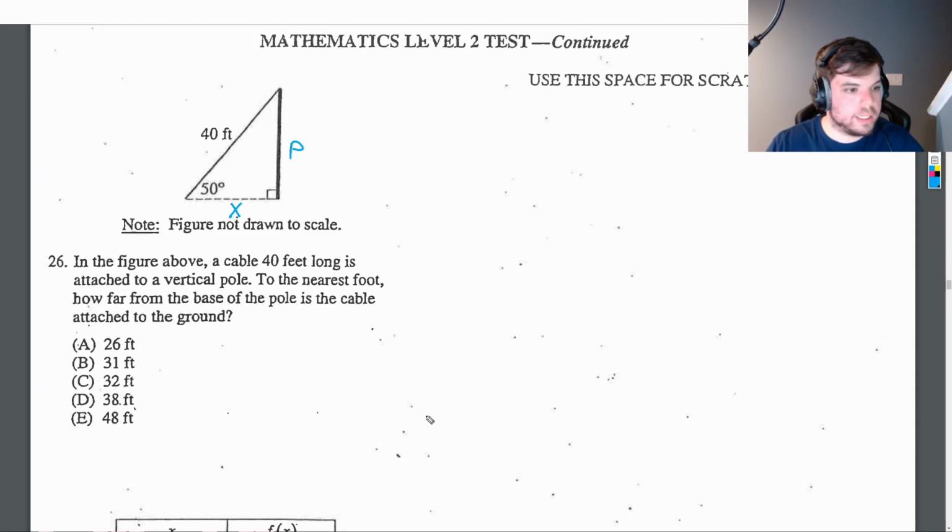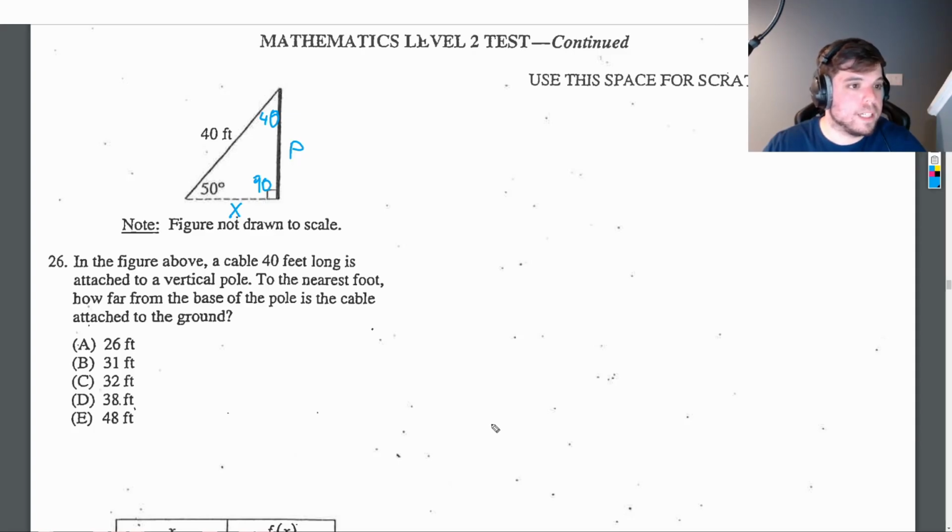It's a right triangle. Notice that we know all angles in the triangle. This one has to be 40 because the sum of these two has to be 90, because the sum of all three has to be 180, and you know this is 90. So in a right triangle, the two other angles have to add to 90.